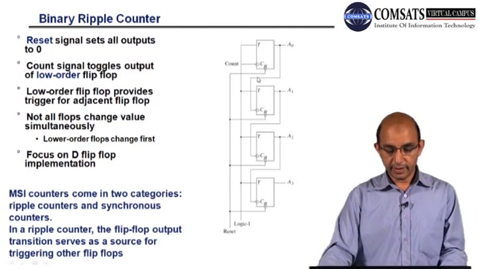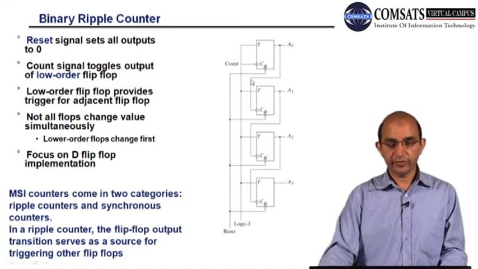As a result, this will trigger this, and this will be toggled, and in the next clock we will be having a clock input. So there is some difference. Here you can see that the output of this lower order flip-flop is provided as a clock to the next flip-flop. The output of A1 is the clock of A2, and the output of A2 is the clock for A3.